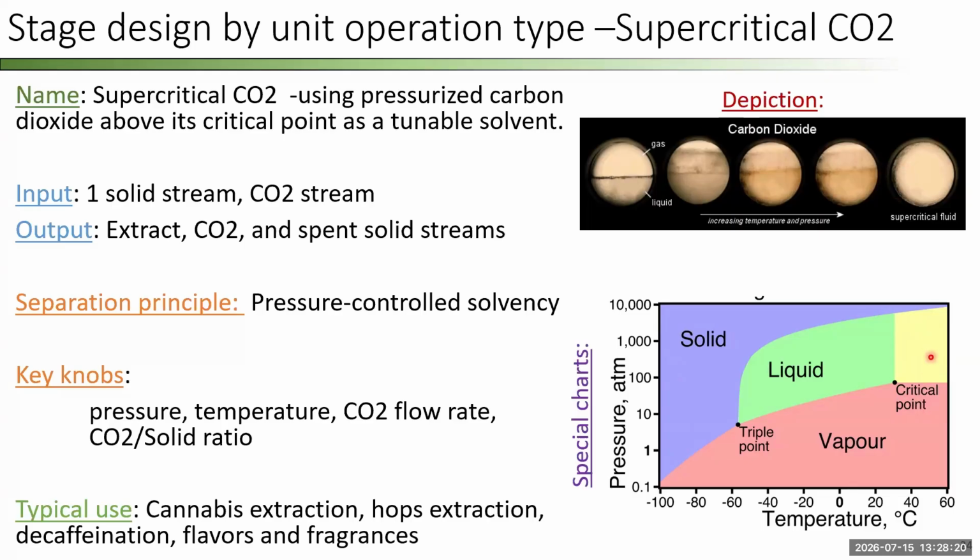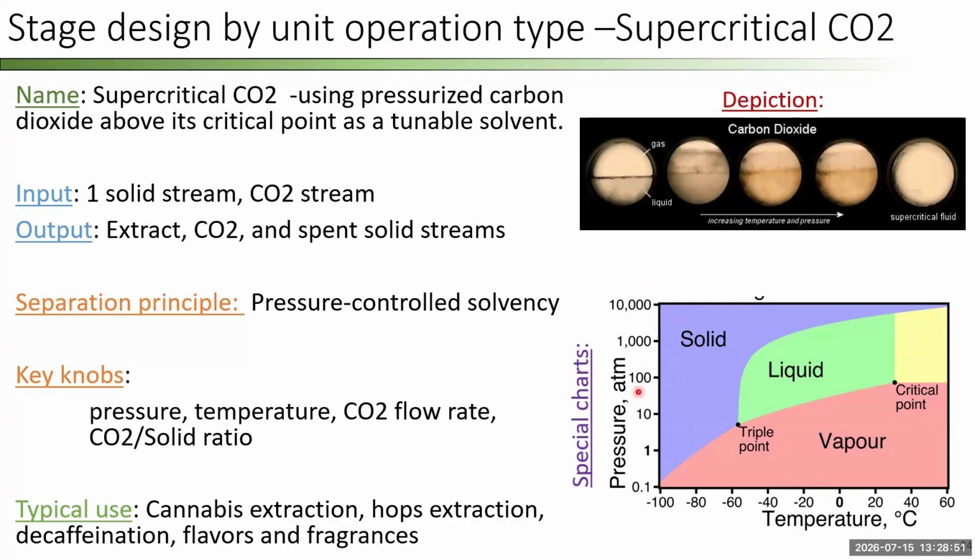And without going through a phase transition, that CO2 returns to a vapor phase, and I'm left with a liquid that's just the compounds that I wanted to extract. It's a very convenient mechanism of separation. However, this is a very important point. You'll notice that these pressures are very high.